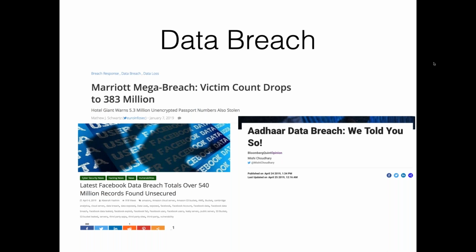So at one level, we need to put measures into place so that data breaches do not happen at all. But this seems to be a very difficult problem to solve.